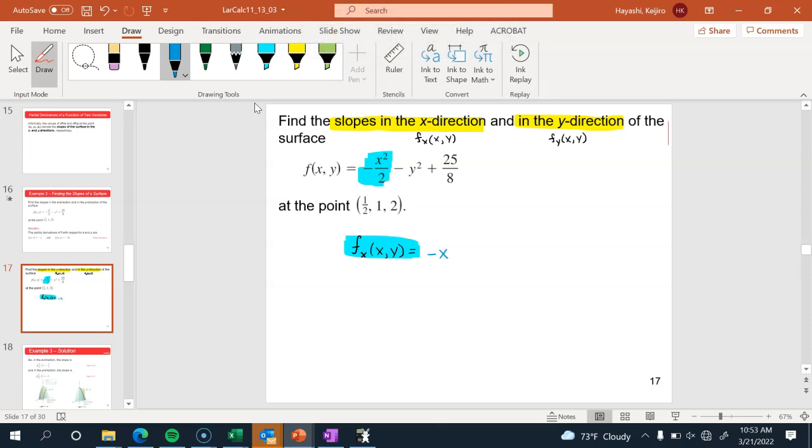With respect to x, this middle term and this last term are constant, so they go away. Now the partial derivative with respect to y: this is the only y term.